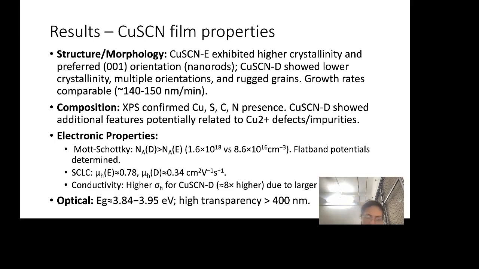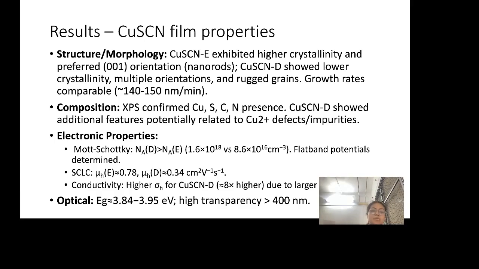SCLC shows that the mobility of carriers in E is greater than the mobility in D. But the conductivity, once you factor all of these in, turns out to be about 8 times higher for the thiocyanate D due to the higher carrier concentration.